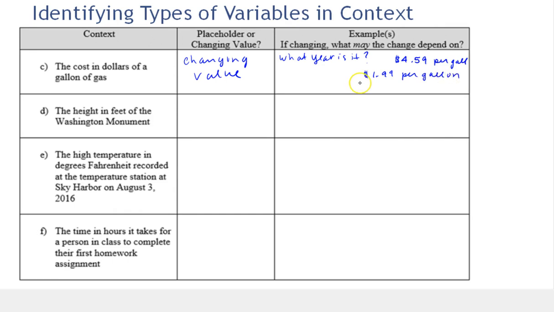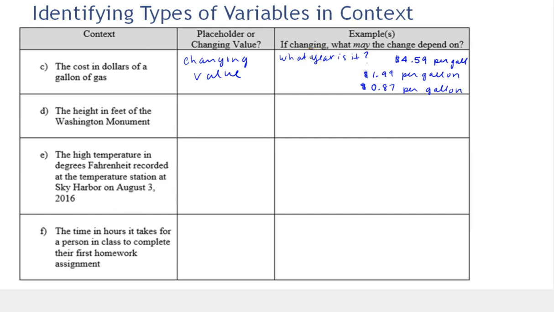And when I drove here from New York in 1999, when I was in Arkansas, it was 87 cents per gallon. I filled up a lot before I left. So those are some examples of reasonable costs of a gallon of gas and different things they could depend on.